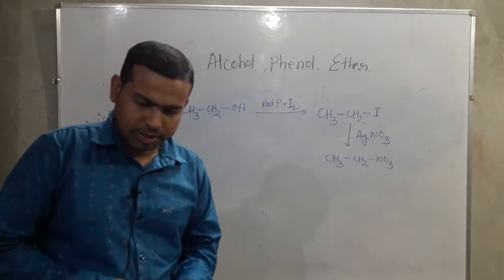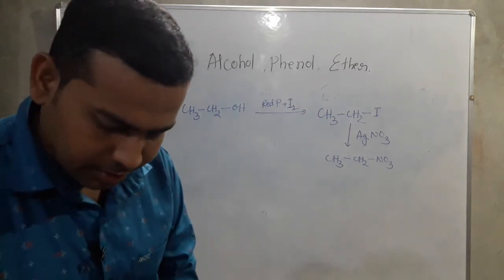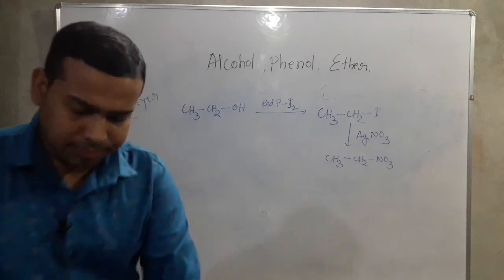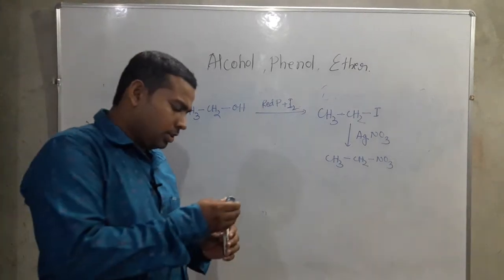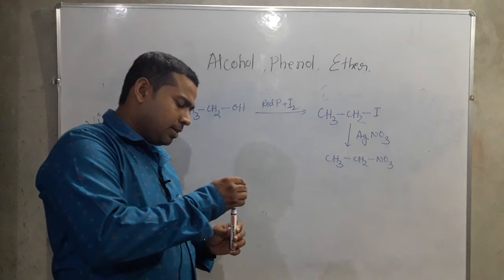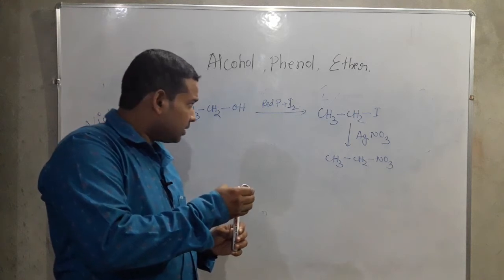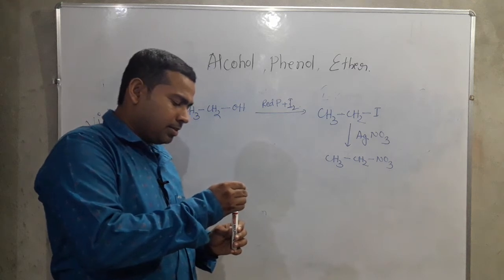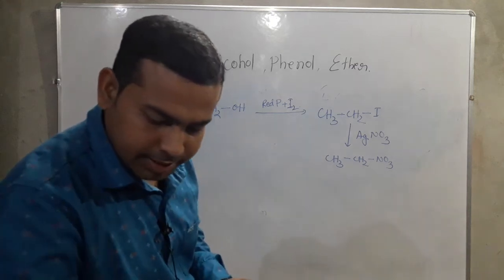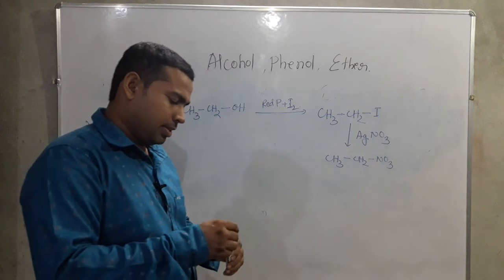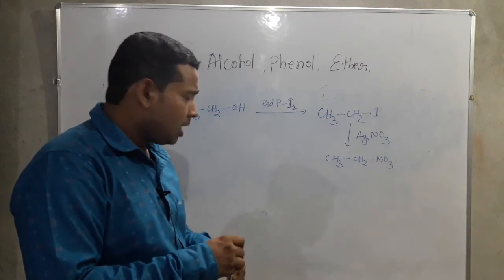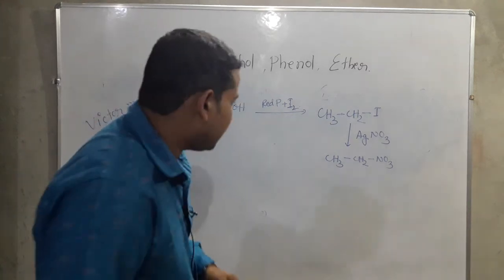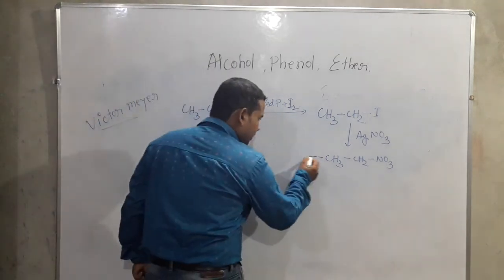So after then you add this reagent. What happened? This AgNO3 reacts with the halide and replaces iodide by NO3. Clear? So after then you will add HNO2.